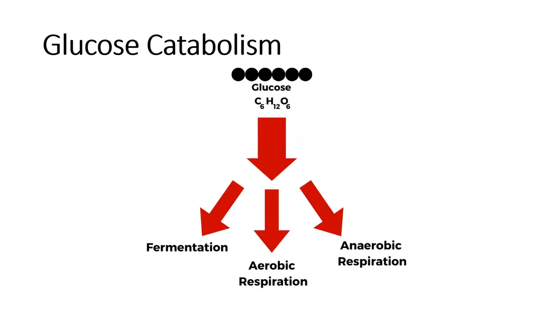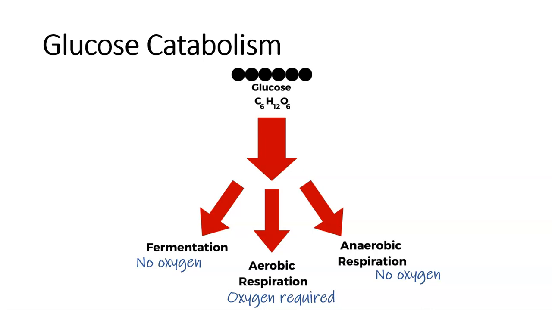There are three main pathways for microorganisms to obtain energy from a molecule of glucose: aerobic respiration, which requires oxygen, anaerobic respiration, and fermentation, which do not. Organisms can obtain the most energy in the form of ATP from aerobic respiration.